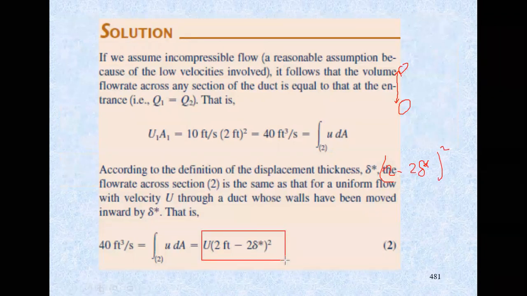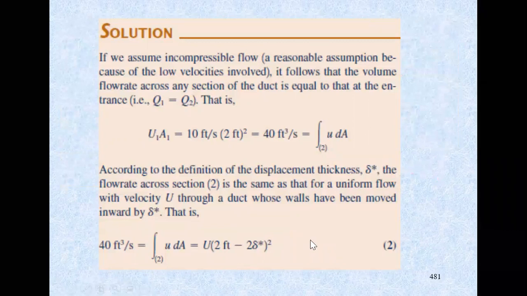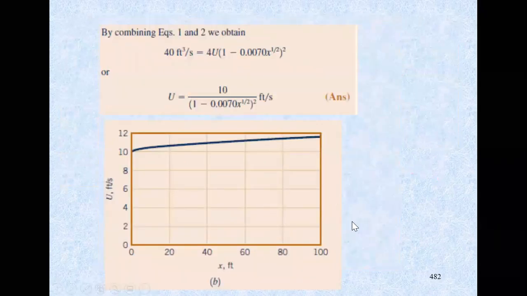So U times (2 feet minus 2 delta star) squared is equal to 40 feet cubed per second, because you still have the same debit, the same continuity equation. And we know the delta star equation. We substitute the delta star equation into our equation over here.